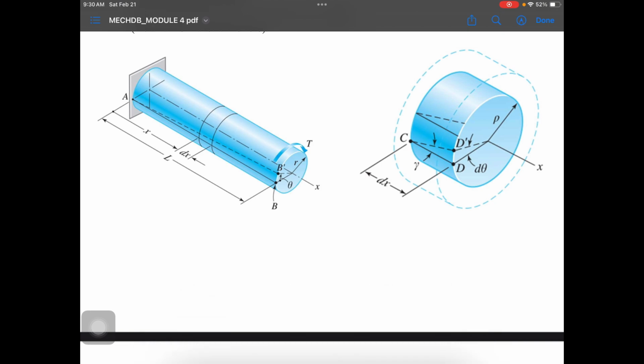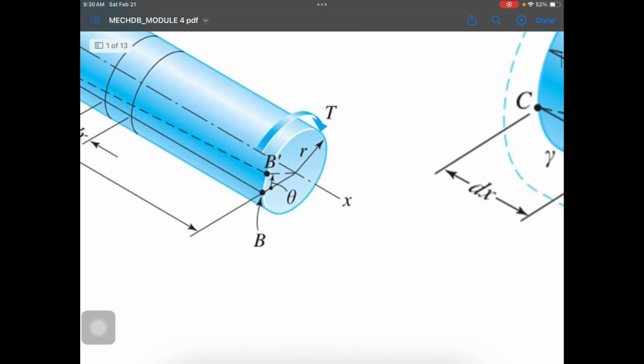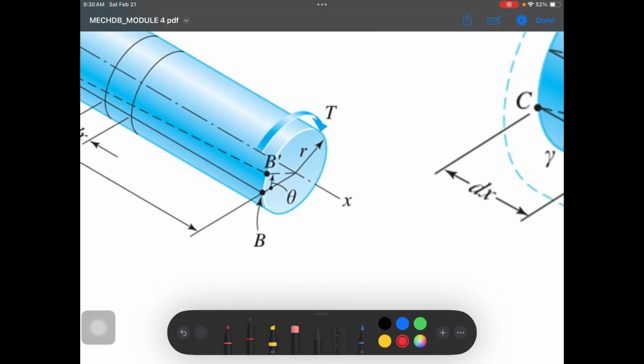So, if this is our cross-section, nagkaroon siya ng torsion, meron tayong torsional stress dito sa point na to, sa point na to, sa point na to, hanggang dun sa surface ng cross-section ng member natin. So, if you want to get yung stress sa point na to, you use yung distance from the center up to this point.